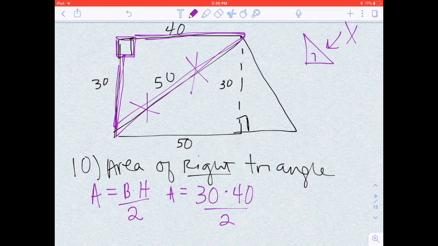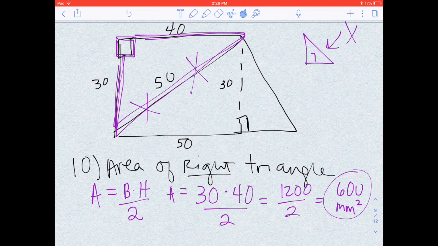That's my hypotenuse, so I don't want to use that side. So I could do area equals 30 times 40 divided by 2, or area equals 40 times 30 divided by 2. Either is fine. And then I multiply these, and 30 times 40 is 1200, and I divide that by 2, and that's going to give me 600 millimeters squared.